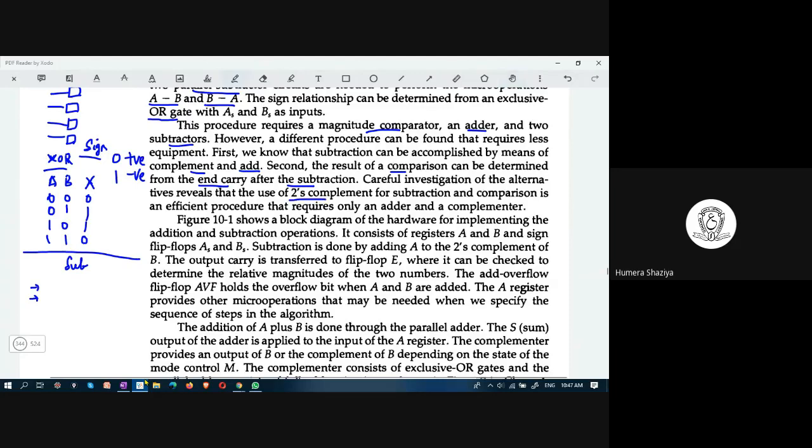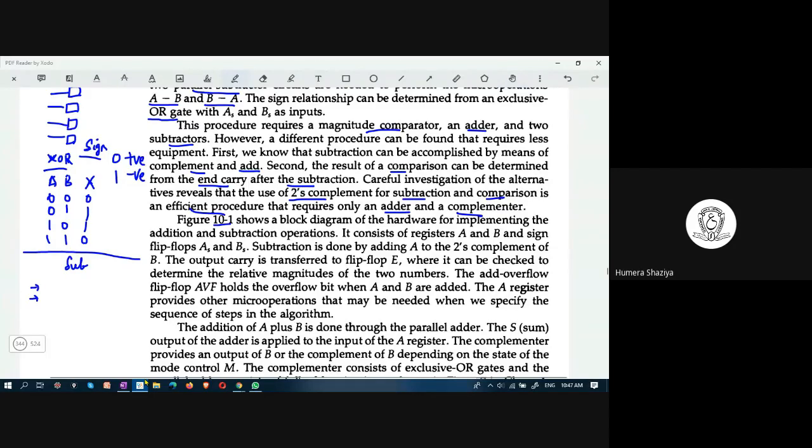Use of 2's complement for subtraction and comparison is an efficient procedure that requires only an adder and a complementer. If you use 2's complement to perform subtraction, the hardware required is limited to an adder and a complementer.